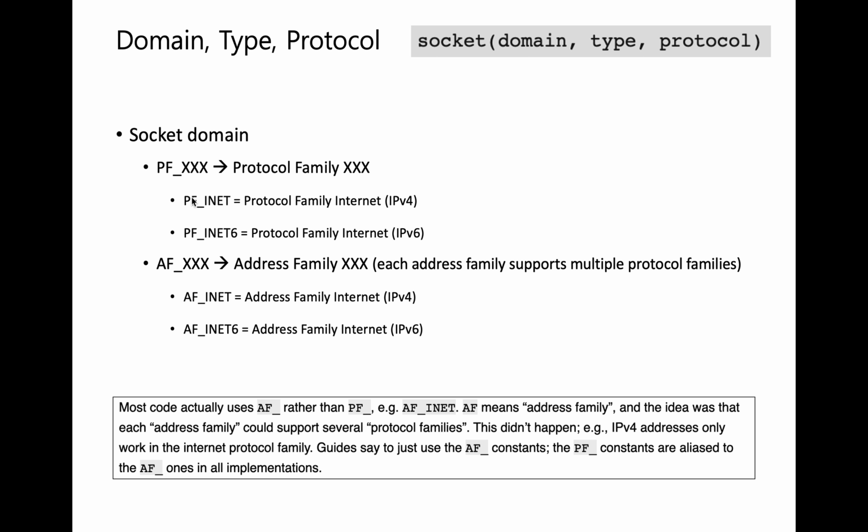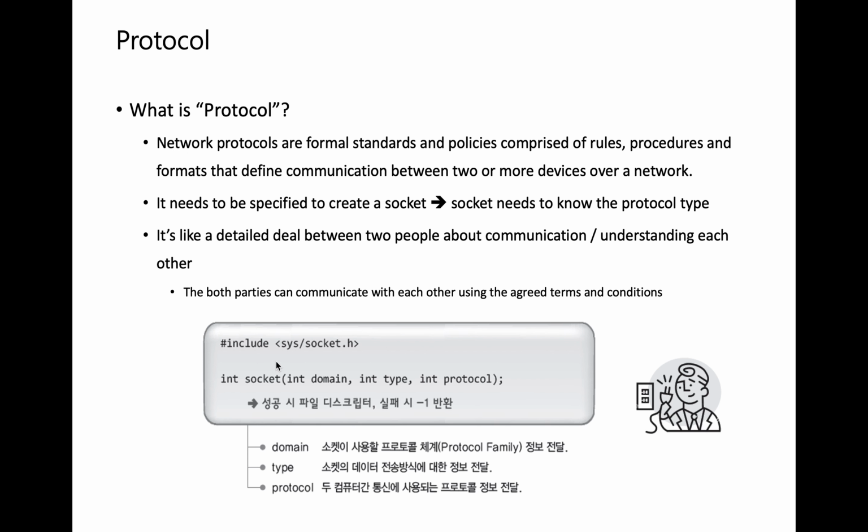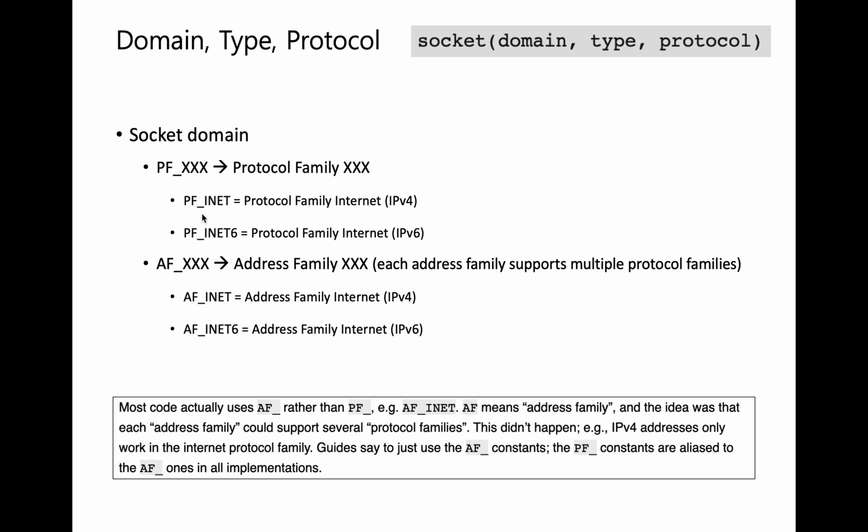Actually, there is not much difference between providing PF_INET and AF_INET as the socket domain parameter. What the guides say is that if you provide PF_INET, it will be changed to AF by the compiler itself.